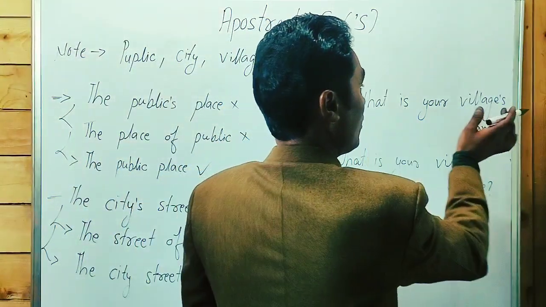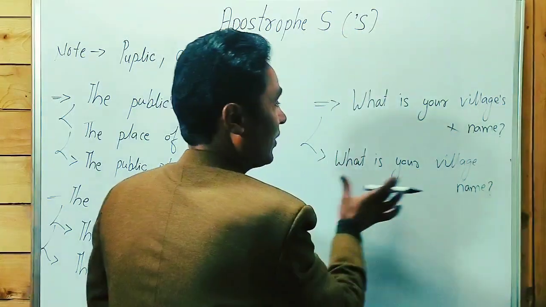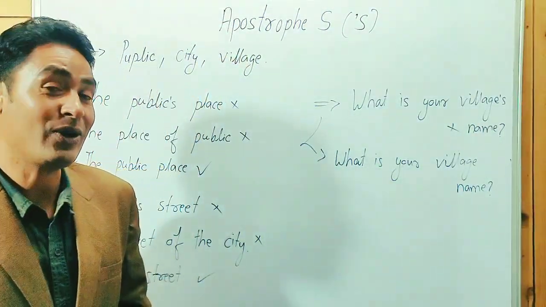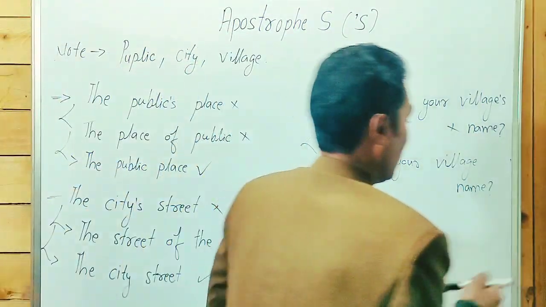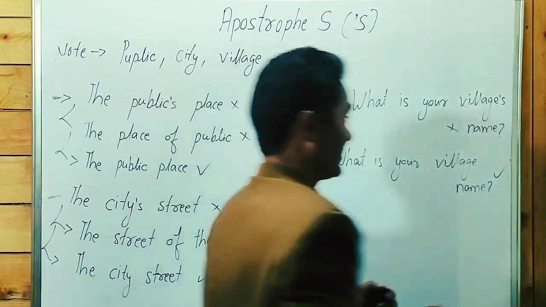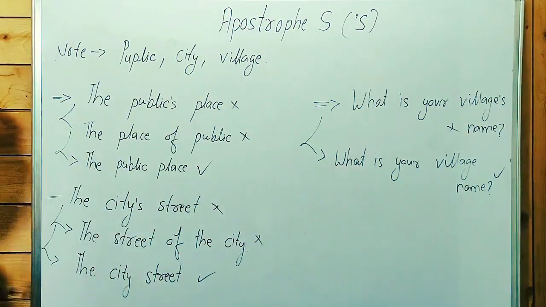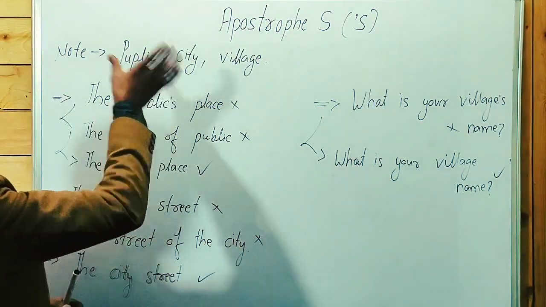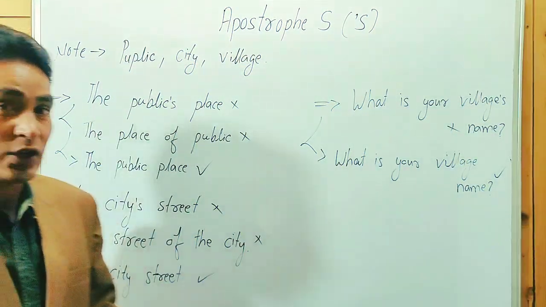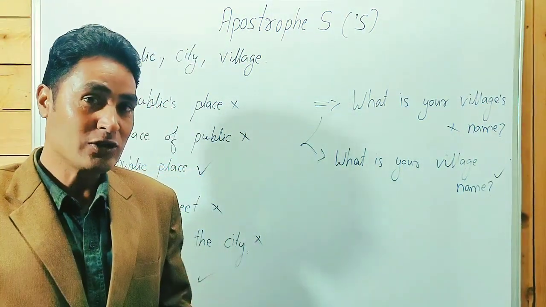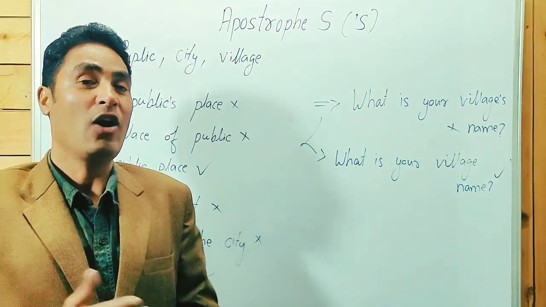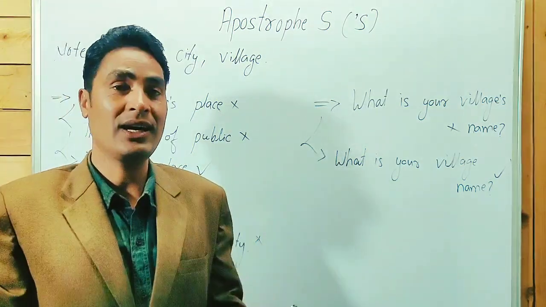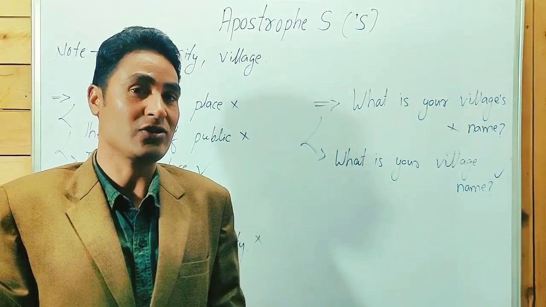Maybe. What is your village's name? Incorrect. What is your village name? This is a correct sentence. I hope you understood, guys. Point to be noted. These three words we can't use with apostrophe s structure or of system. In the next slide, we learn the next use of apostrophe s.